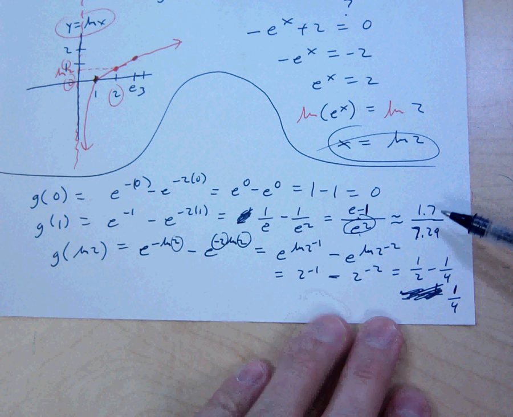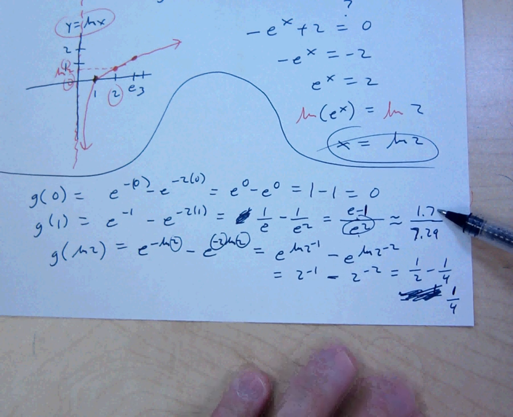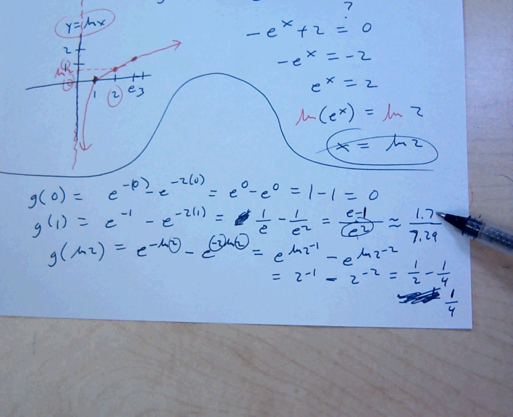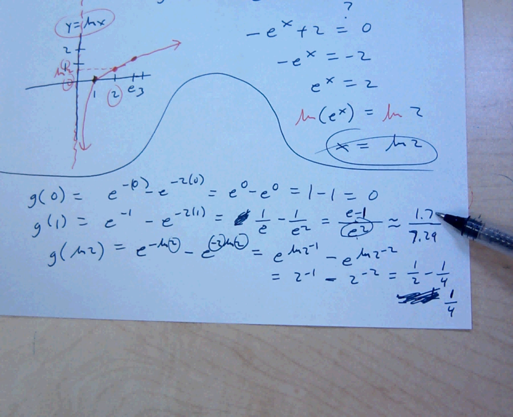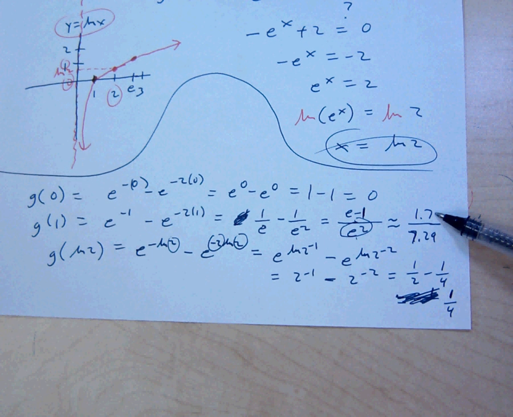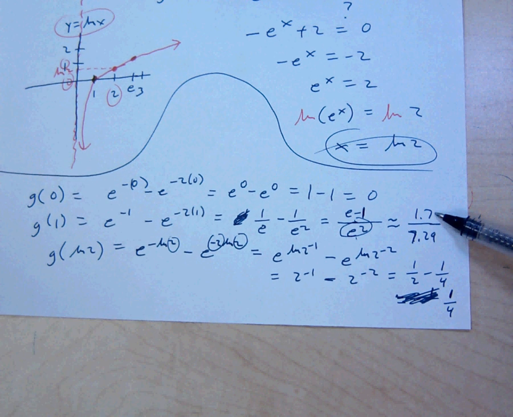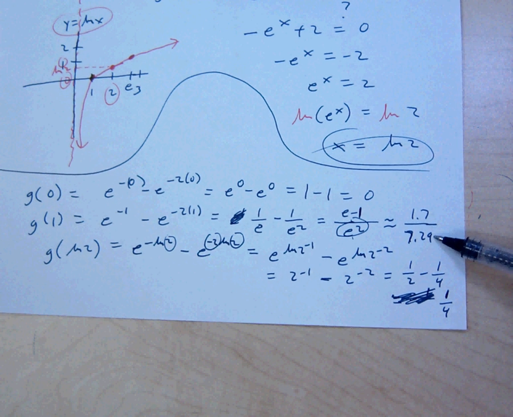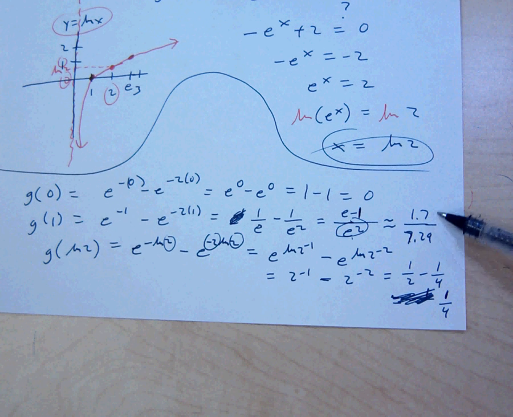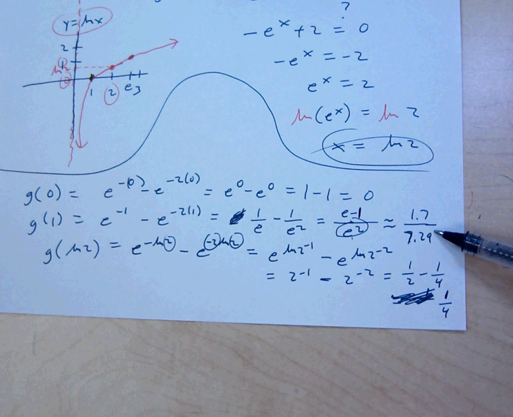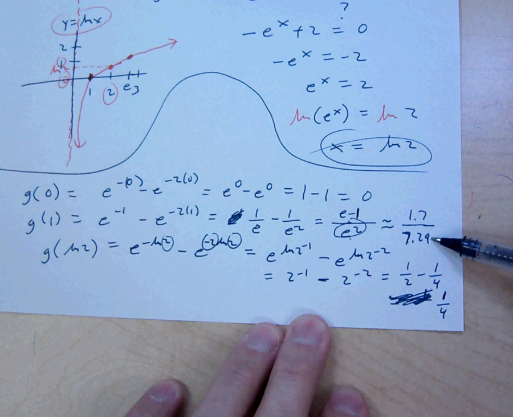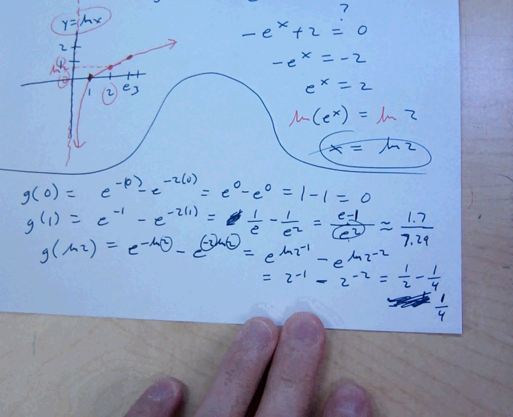If I multiply that by 4, what do I get? 6.28, right? Yes? So if the denominator was 6.28, it would be 1/4. Do you agree? So is this bigger than 1/4 or smaller than 1/4? Smaller.